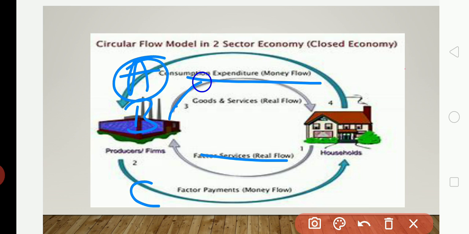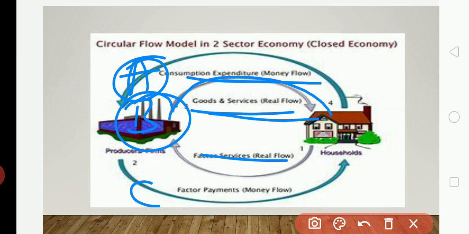Now the firm is giving the households the goods and services. For the goods and services, there is a price, right? So at point B, if you calculate all the product values, as we discussed in the introduction class about consumption goods, capital goods, intermediate goods, final goods, the final goods value is considered in the GDP.